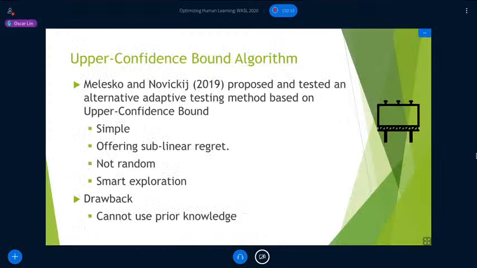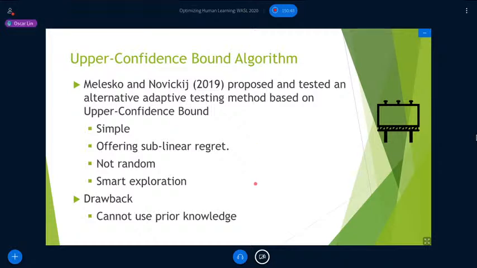In formative assessment, WASL and Nowicki proposed an adaptive testing method based on upper confidence bound, which is simple, offers a sublinear regret, is non-random, and uses smart exploration.